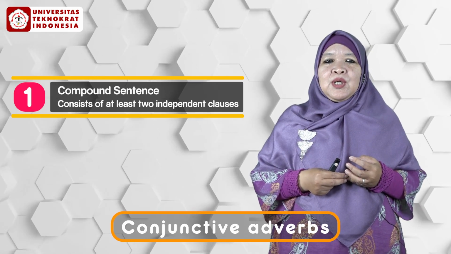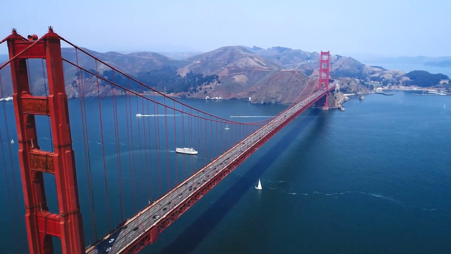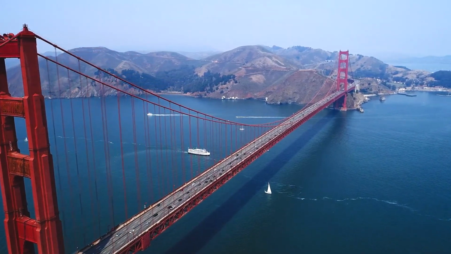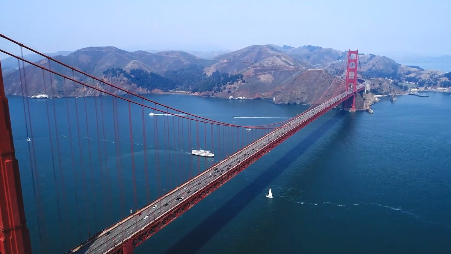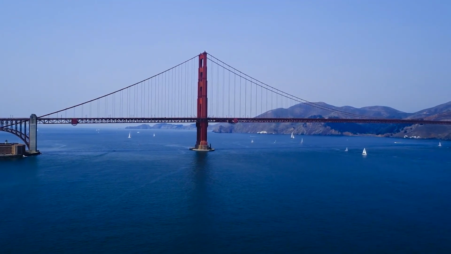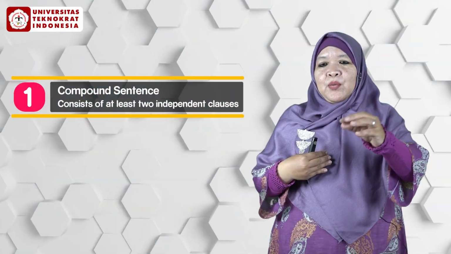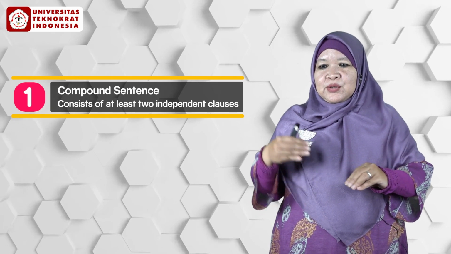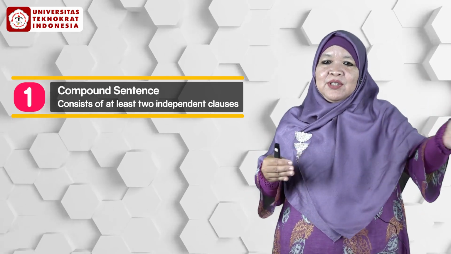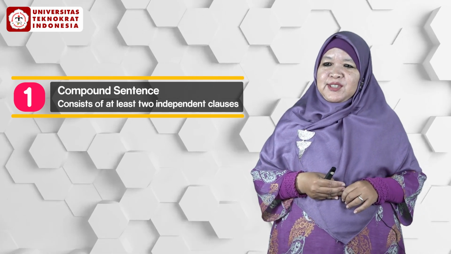Imagine when you come to a bridge. You are standing on this side of the road, and there is a bridge that connects the edge of the road and then there is another edge of the road. When the bridge is gone, this road and that road can stand by themselves, just like a compound sentence.